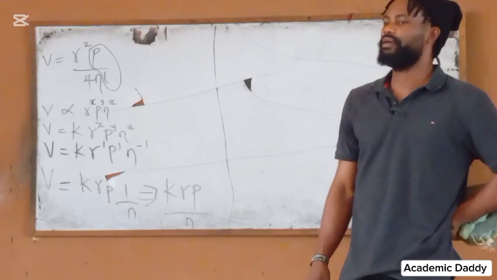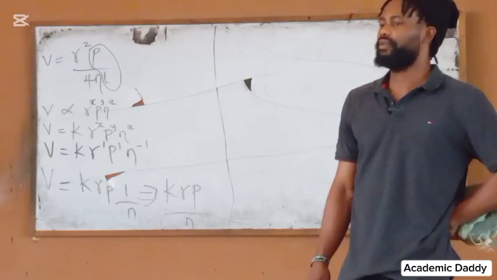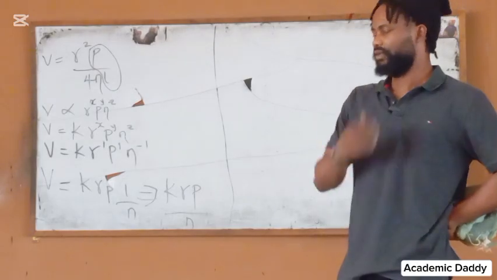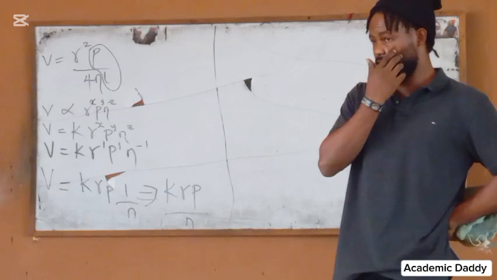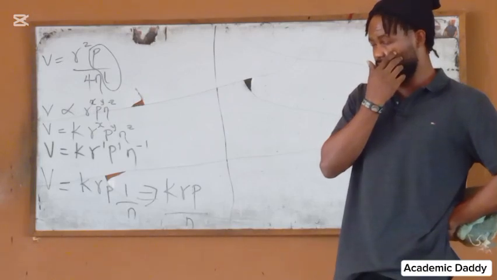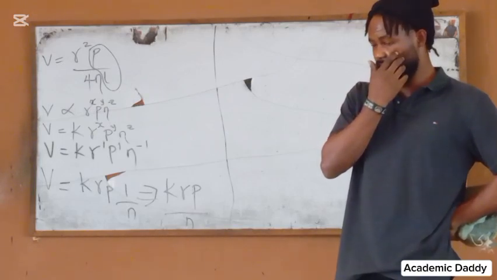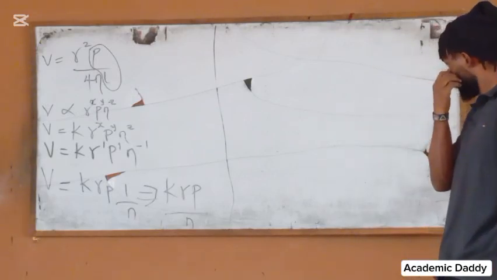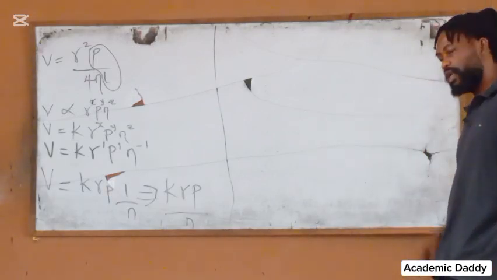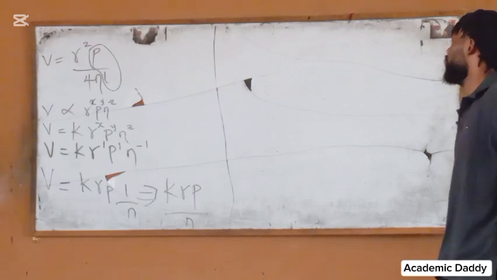Velocity for the streamline flow of the liquid depends on the radius R, the density and the coefficient of viscosity. Use the method of dimensional analysis to obtain an expression of the velocity, given that V equals R squared over 4n.